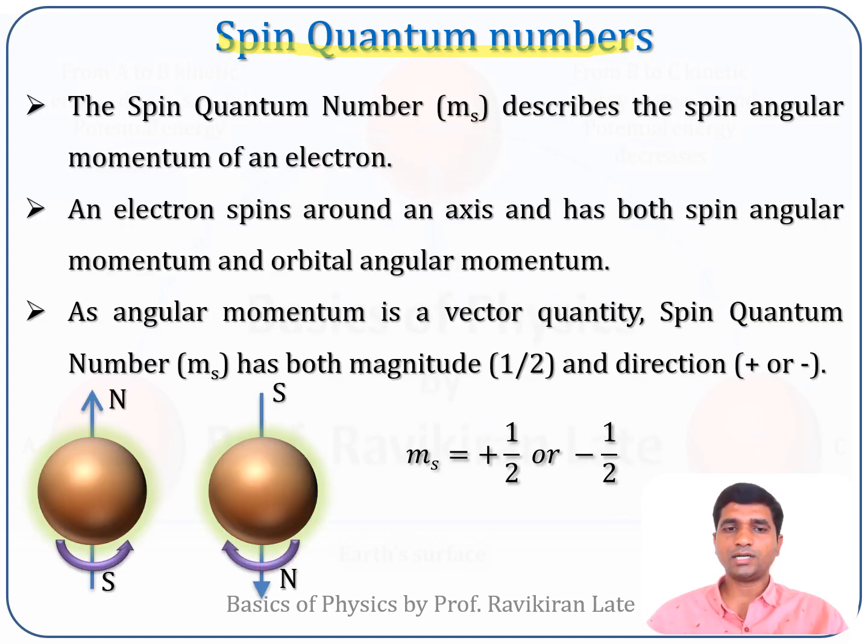We'll try to understand it in terms of the semi-classical picture. We know that the electron revolves around the nucleus. At the same time, it also revolves about its own axis.